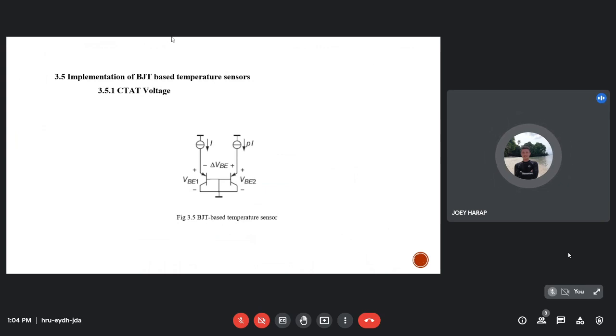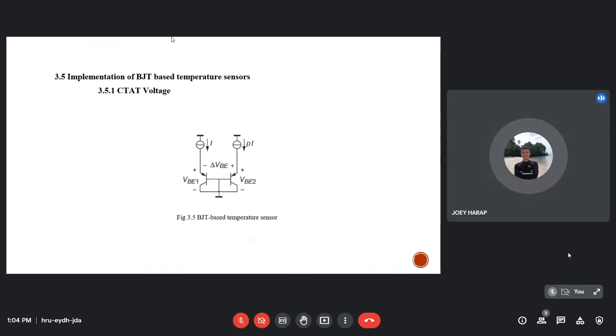Shown in figure 3.5 is a BJT-based temperature sensor. A transistor is biased by a current source, and the voltage between its base and emitter is given by VBE equal to kT/q ln(IC/IS).